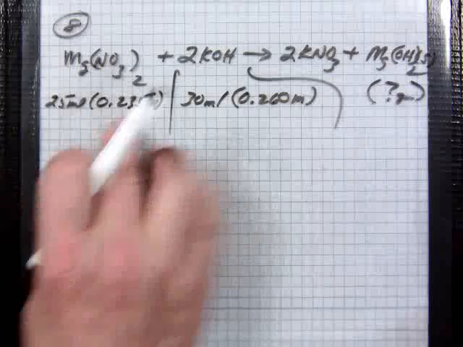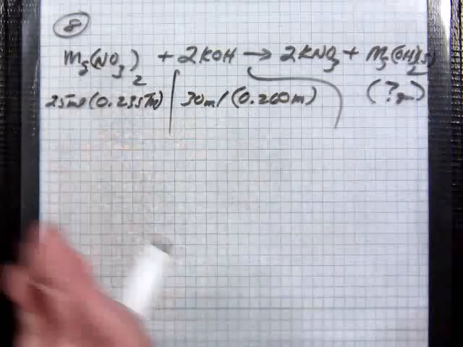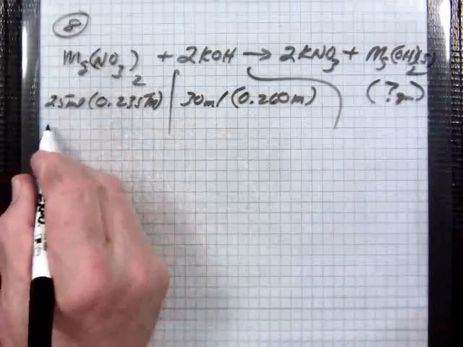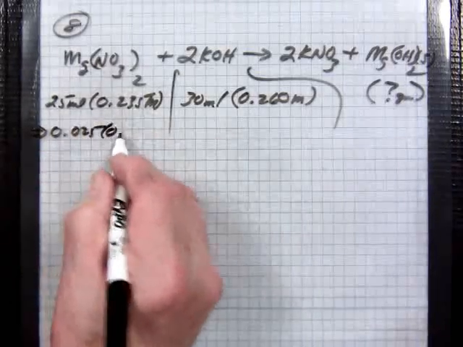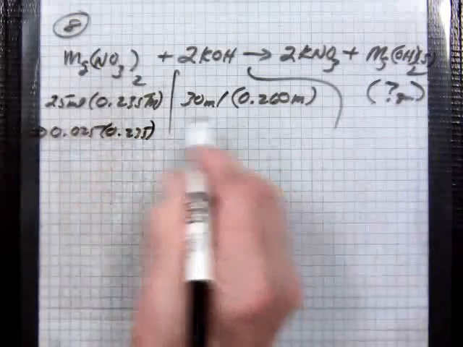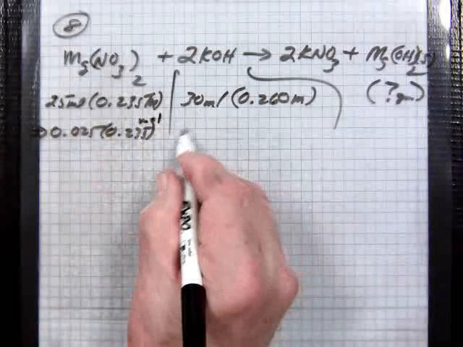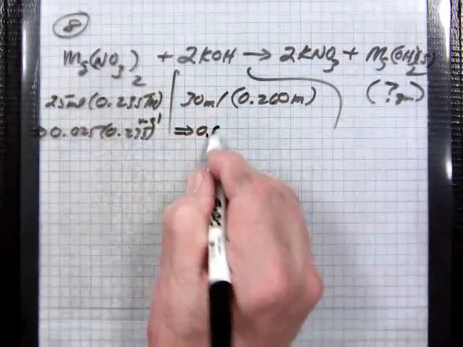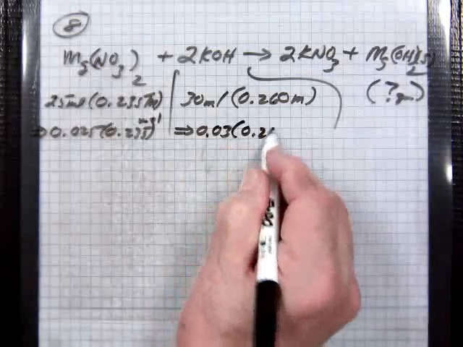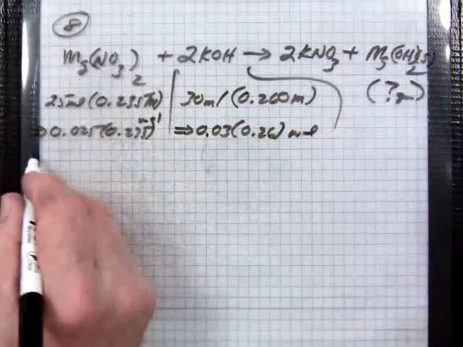But we first have to find out which one of the reagents controls the reaction. That'd be the limiting reagent. So find moles of each one: 0.025 times 0.235 mole, and this one is 0.03 times 0.26 mole of the potassium hydroxide.